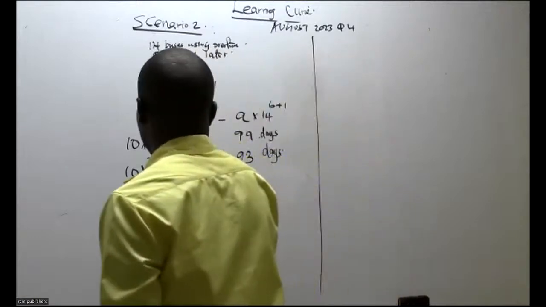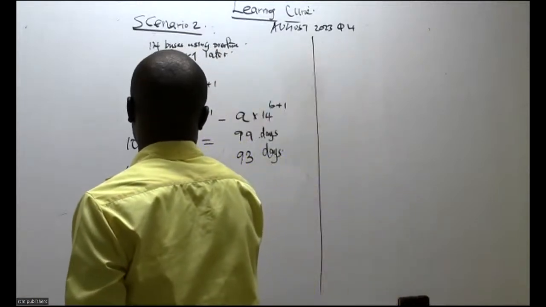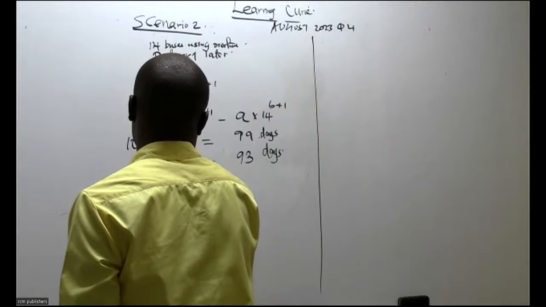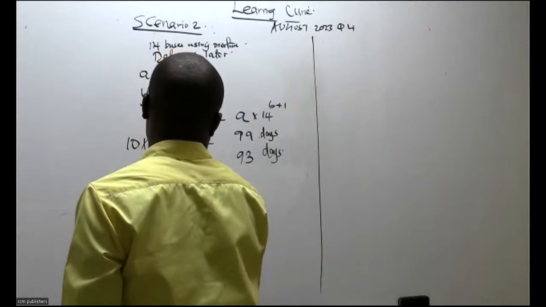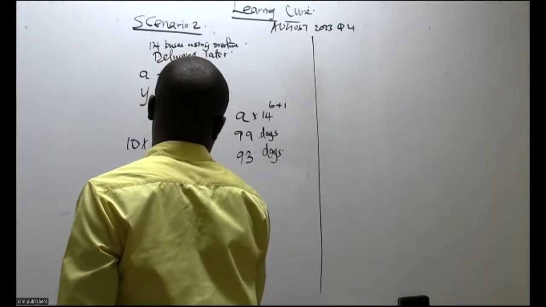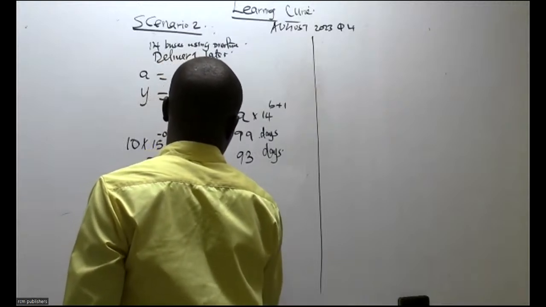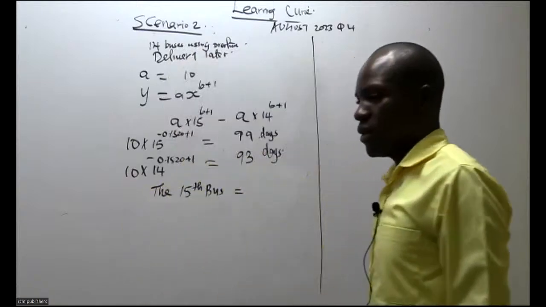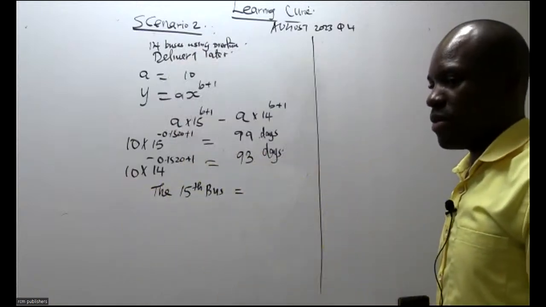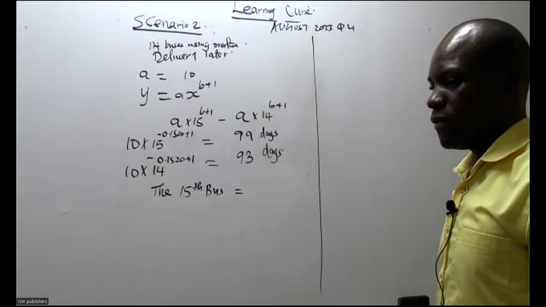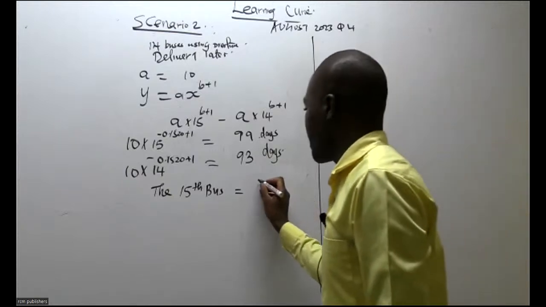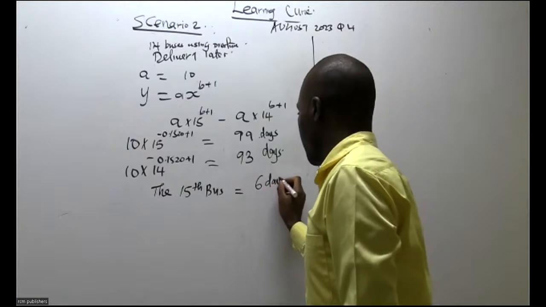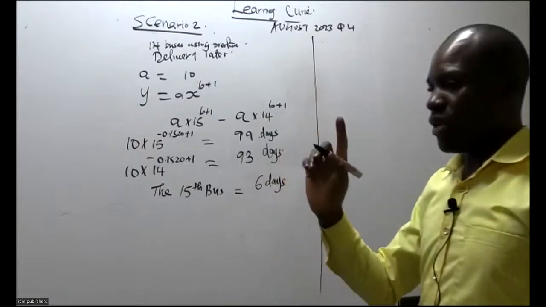So the last bus, or the bus to be delivered later, is the 15th bus. How many days will it take to produce the 15th bus? It will take us 6 days. That's a new thing being introduced.